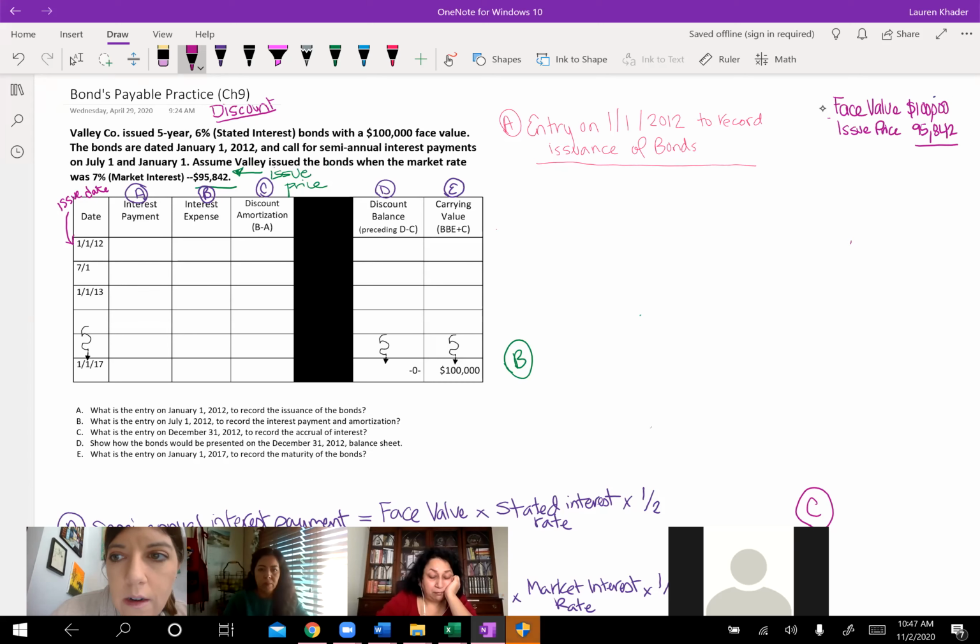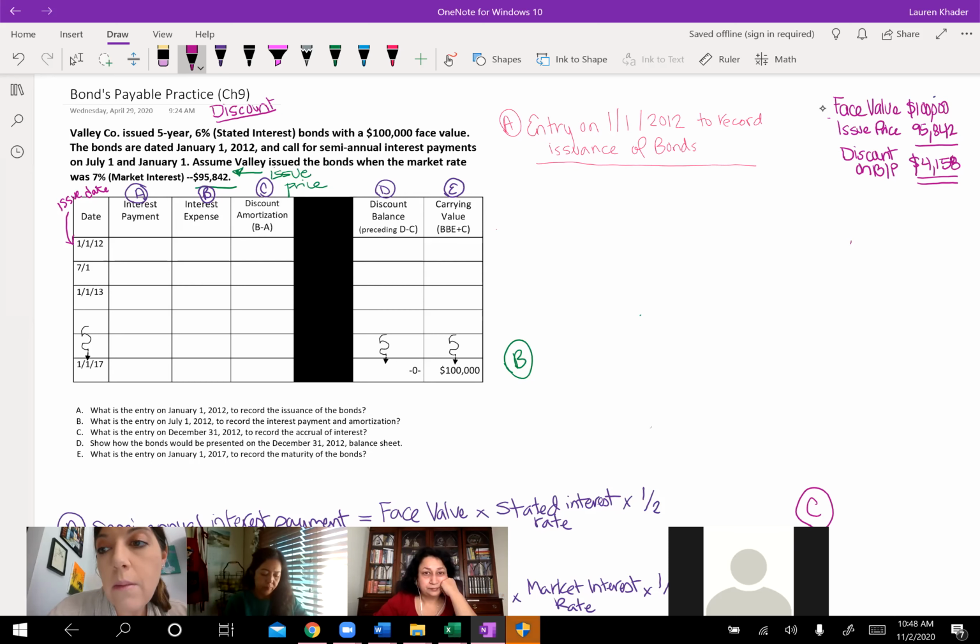We're netting those two amounts to get the discount. And the discount was how much for these bonds? 4,158. Yeah, 4,158.